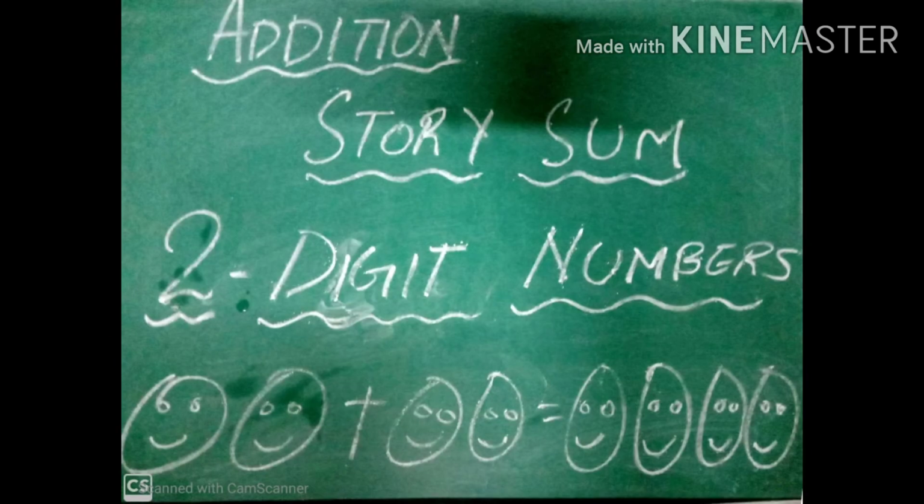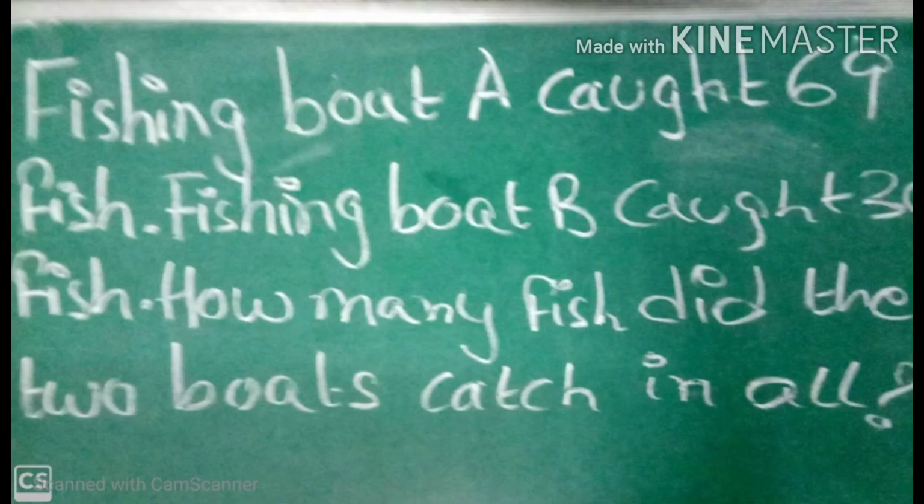Now let's start 2-digit word problems or story sums. The first question is, fishing boat A caught 69 fish.